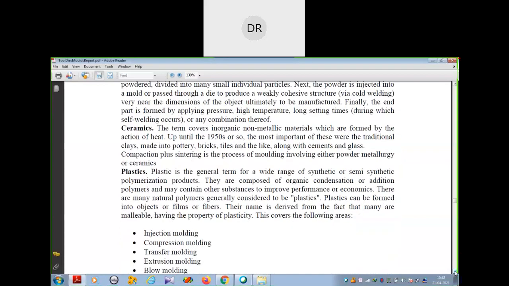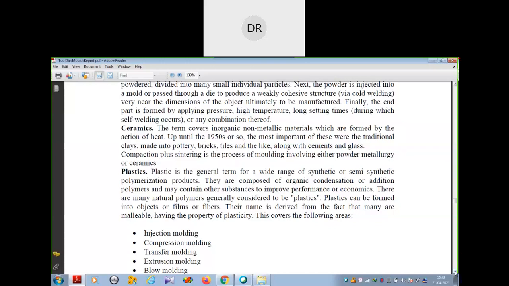Next one is plastics. So what are plastics? Plastic is the general term which covers a wide range of synthetic or semi-synthetic polymerization products. These plastics are made through organic condensation or addition of polymers, and can contain other substances for improving performance or economics.